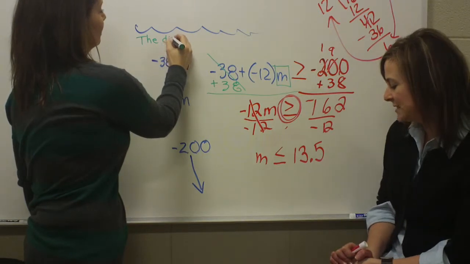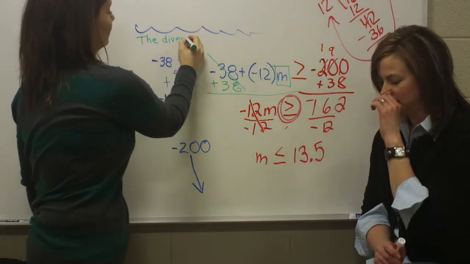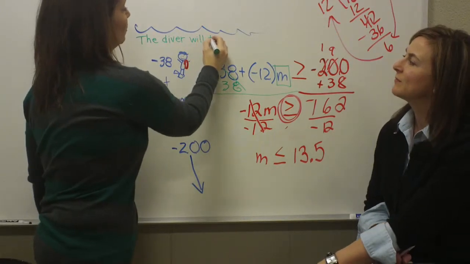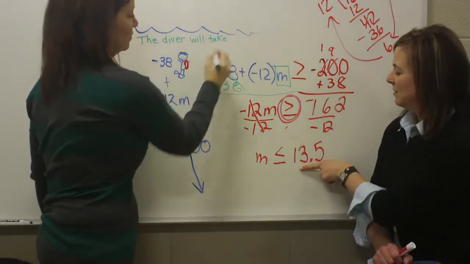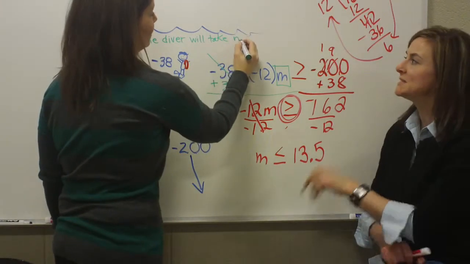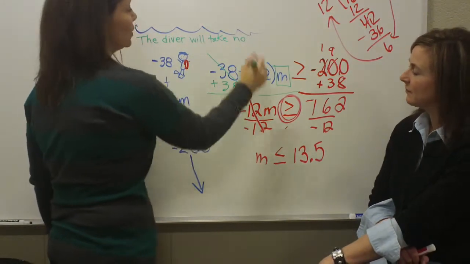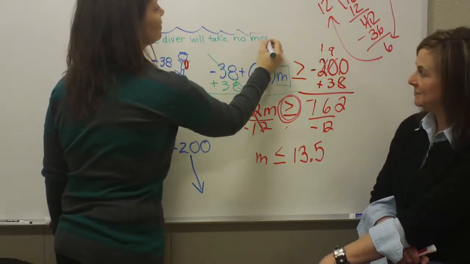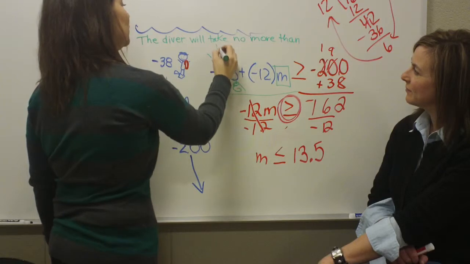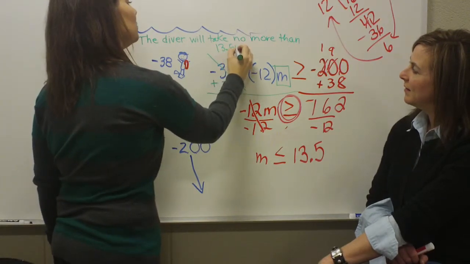The question asks, how long will it take the diver to reach an elevation deeper than 200 feet? So the diver will take 13 and a half minutes or 13.5 minutes. We need a label. We're going to use no more than 13 and a half minutes.